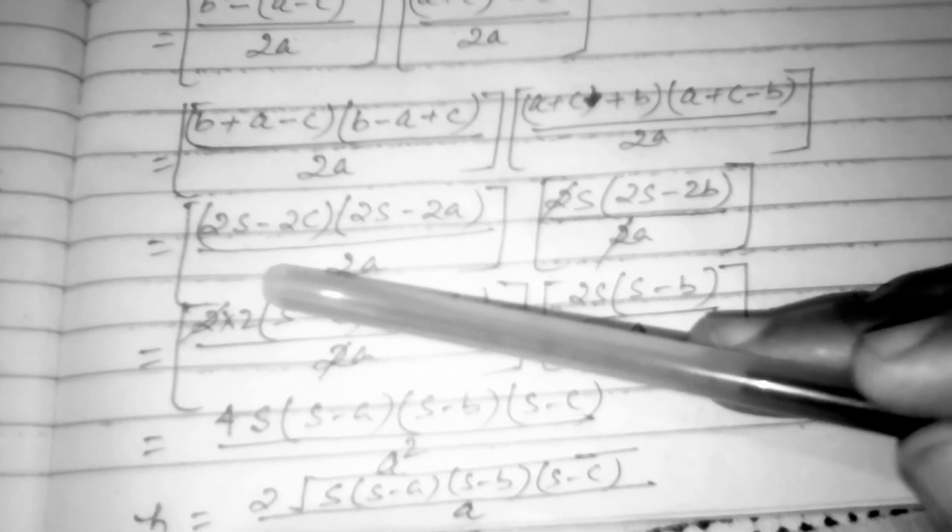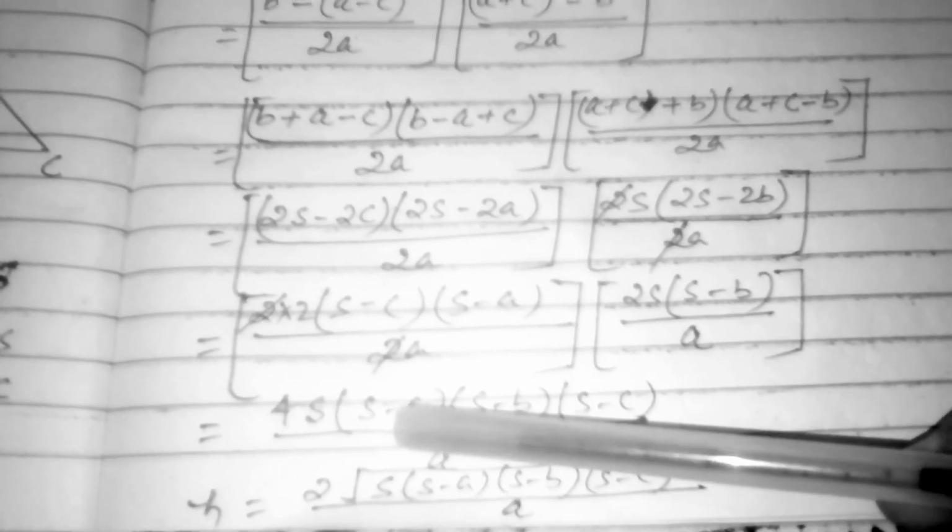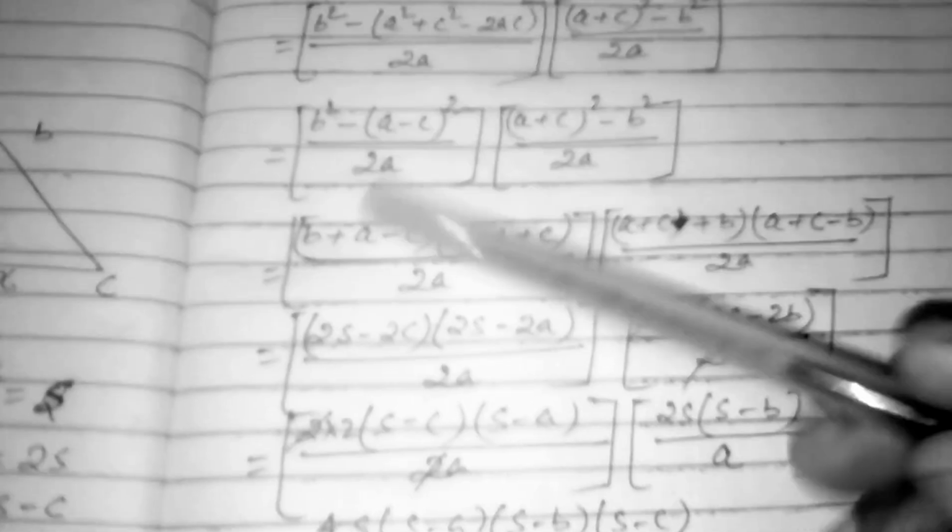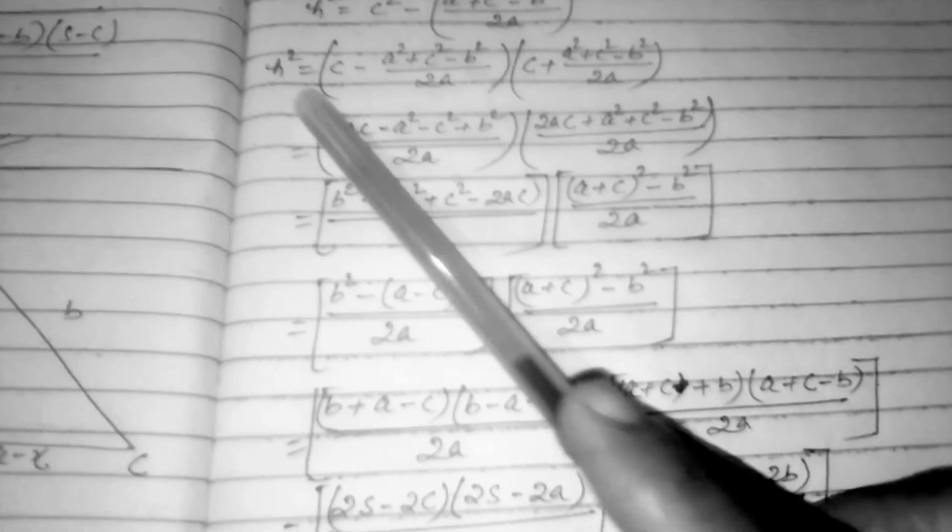2 into 2 will be 4, s, and s minus a, and s minus b, and s minus c upon a into a, it will be a square. Then 4s bracket s minus a, s minus b, s minus c upon a square, it is the value of h square.